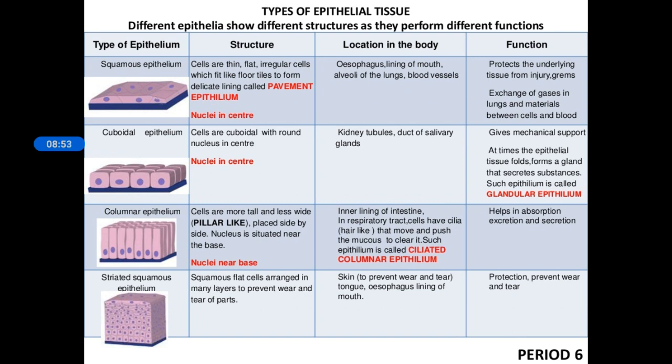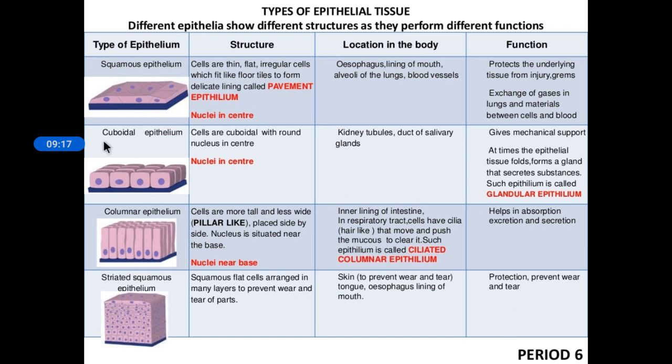The functions are to protect the underlying tissue from injury and germs, and exchange of gases as it is present in the alveoli of the lungs, etc. Then in blood vessels, it helps in the exchange of gases in the lungs and of materials between cells and blood. So these are the functions of squamous epithelium.